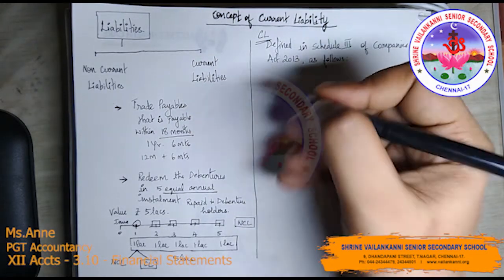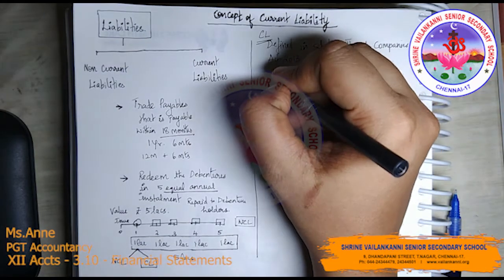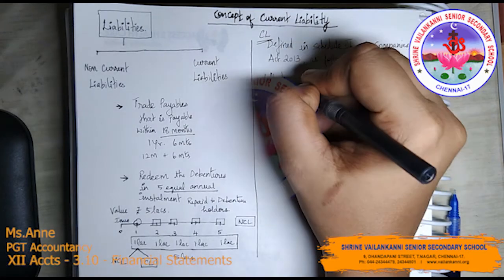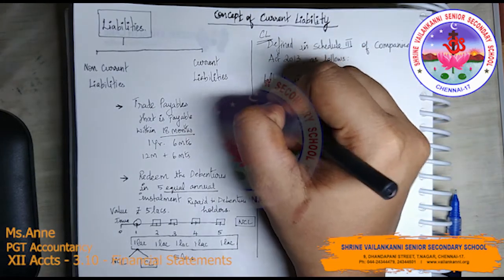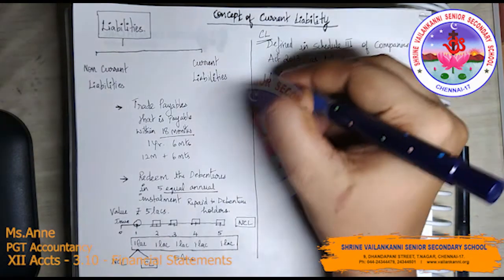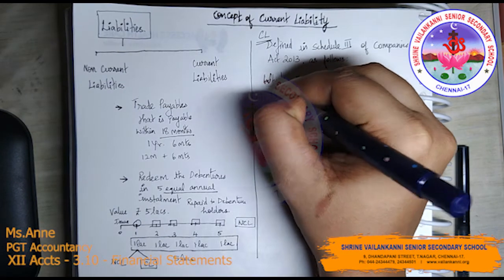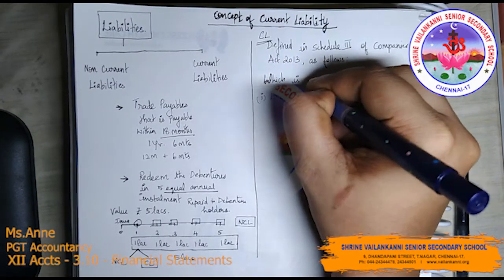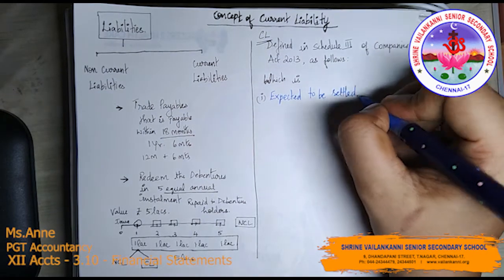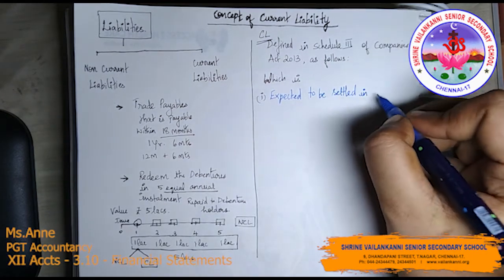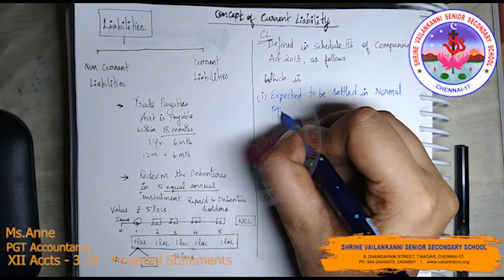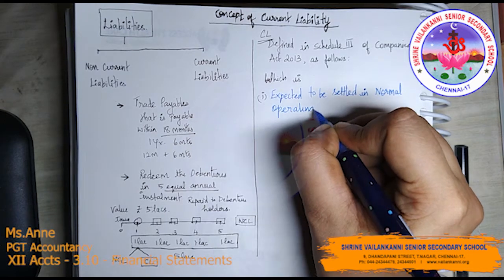Current liability is that liability which is expected to be settled in the normal operating cycle.